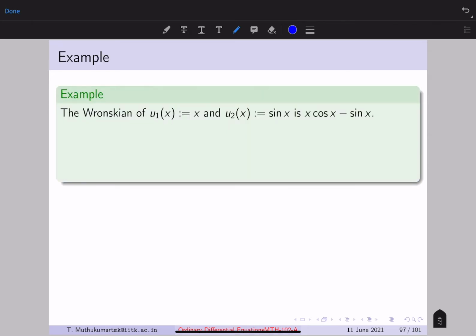Okay. Let's look at some examples. Take the function u1 which is x and u2 which is sine x. Then what is the Wronskian of this?